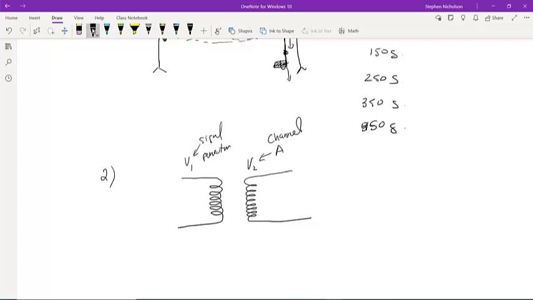So what we're going to do is we're going to vary the input voltage and see how the output voltage is, both as a step-up transformer and as a step-down transformer. So we'll do it both, and we'll end up plotting V1 versus V2, or V2 versus V1.